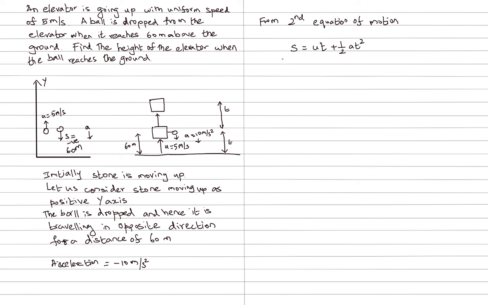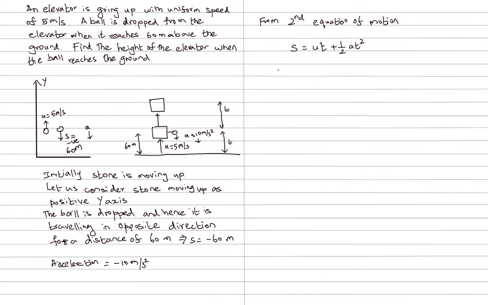So S is what? Minus 60. So this implies S is equal to minus 60 meter, because we have taken the stone moving up as a positive y-axis, and the stone is coming down for 60 meter.